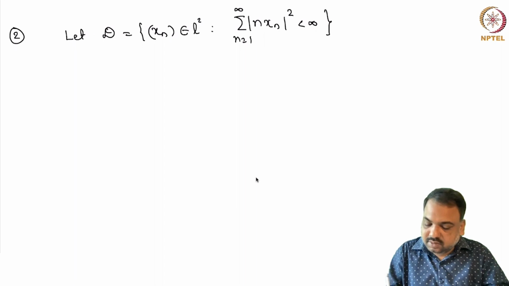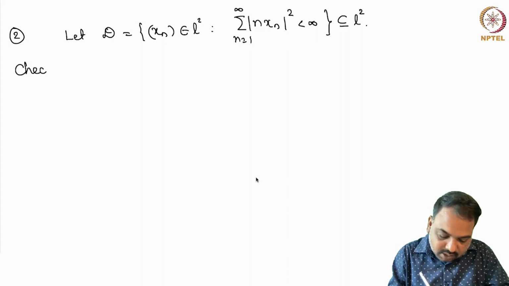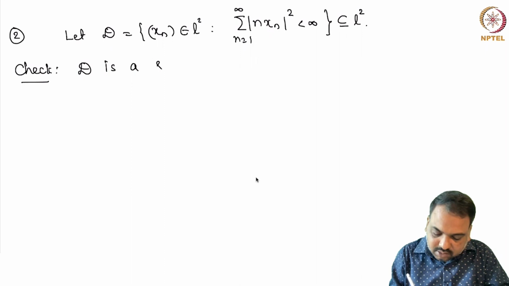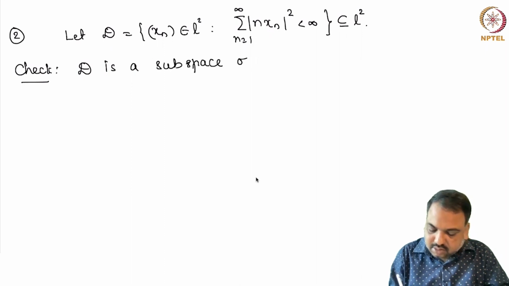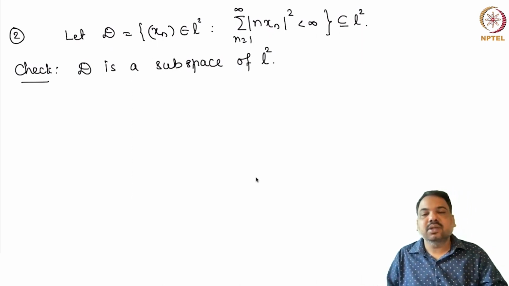Now this is a subset of L2. We can easily show that it is a subspace. We can ask whether D contains any non-zero elements. Clearly 0 is an element of D, but can D contain any other elements of L2?